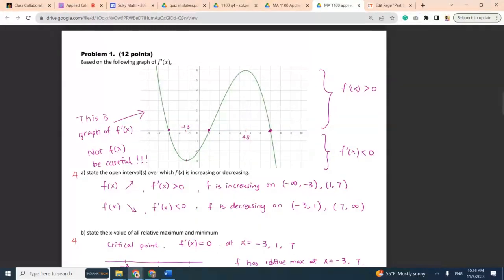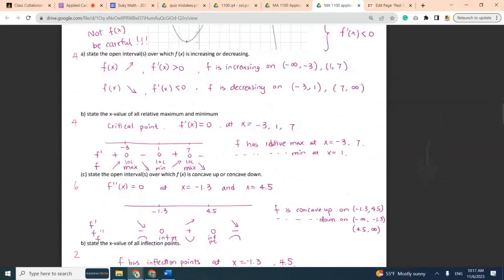And then here f prime is decreasing, so f double prime is negative.